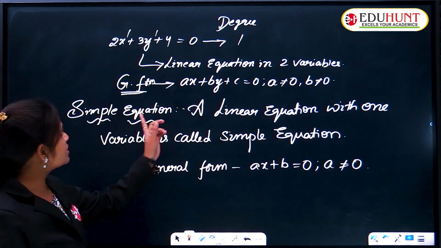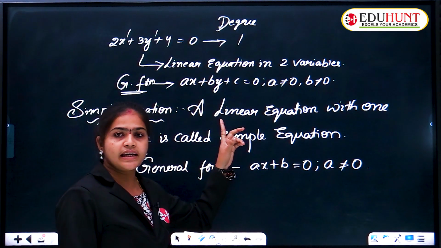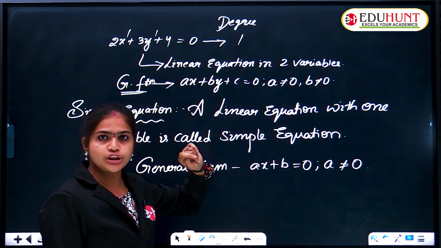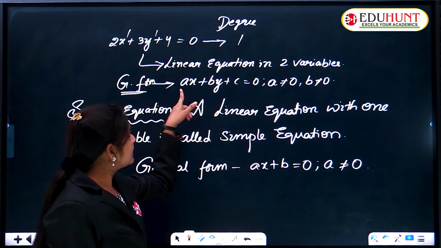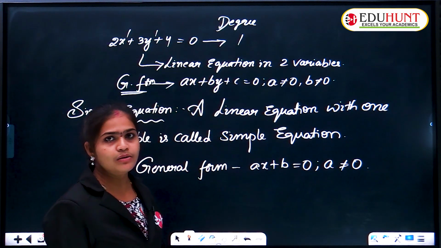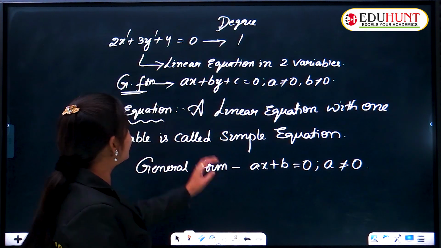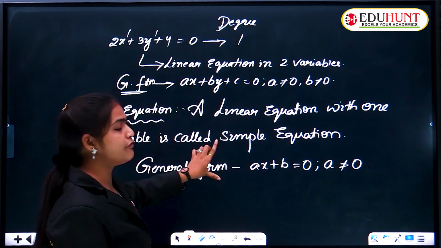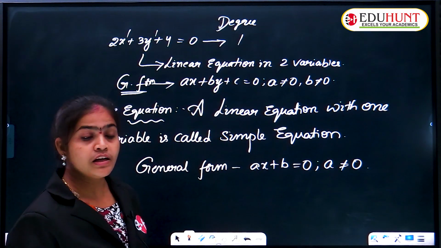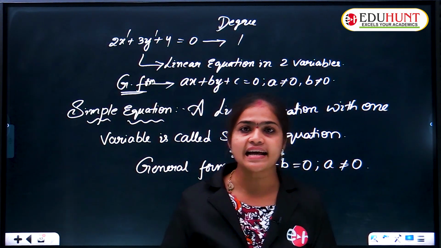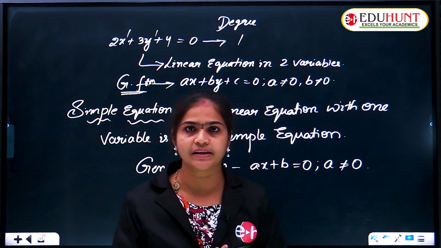If you take a is equal to 0, then by plus c is a linear equation in one variable. If you take b is equal to 0, ax plus c you will get, which is also a linear equation in one variable. So a linear equation in one variable is nothing but a simple equation.